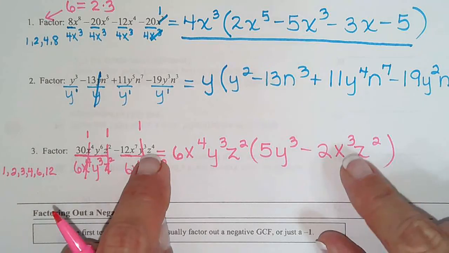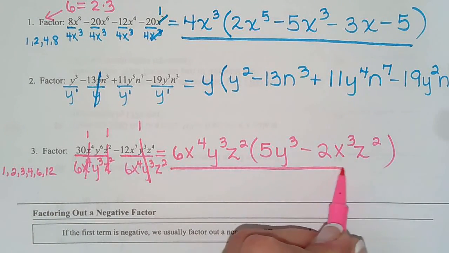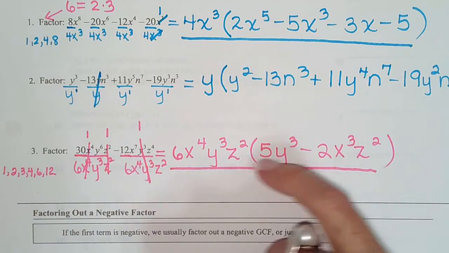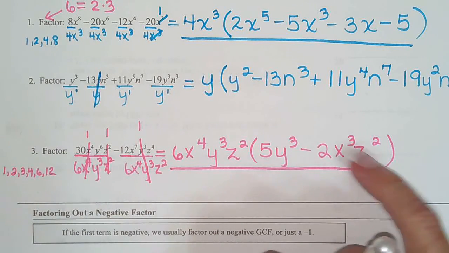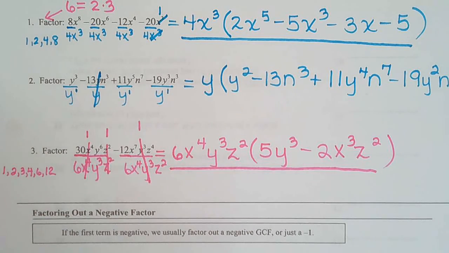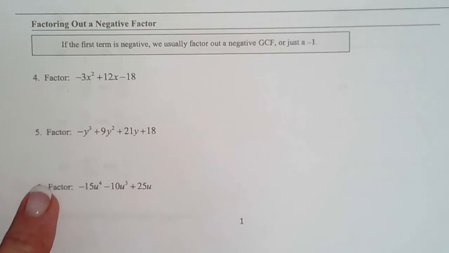And 2 plus 2, 4 z's. There we go. So we can walk away and go, yes, I know I got that right. And then also be sure and glance and make sure nothing's common in there. No numbers common, no letters common. Otherwise, that means you missed something. Okay, so that's called factoring out a GCF.